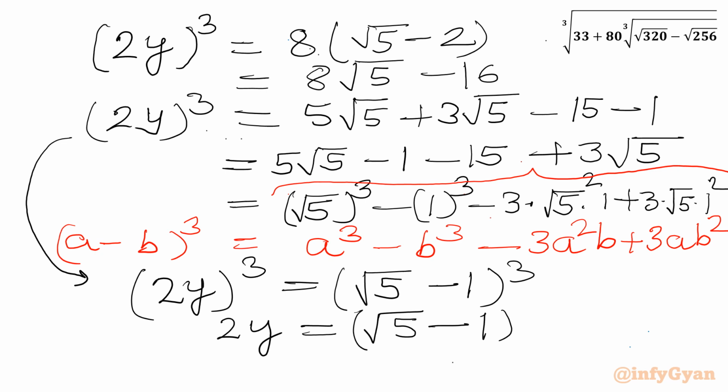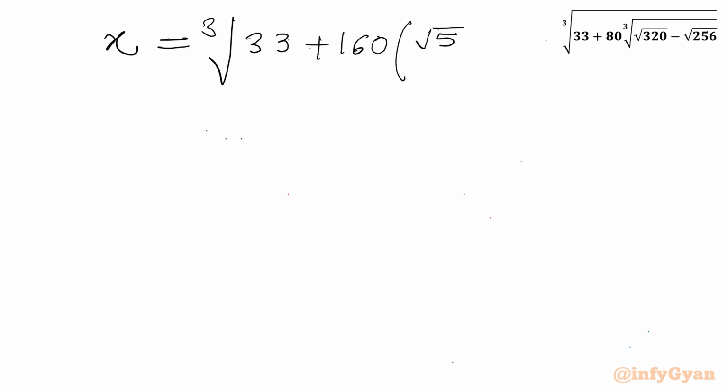Once I divide by 2 both sides, I will get y value root 5 minus 1 over 2, which I will apply to our expression RHS. I will be writing x equal to cube root of 33 plus 160 times y. So in that place I will write root 5 minus 1 over 2.